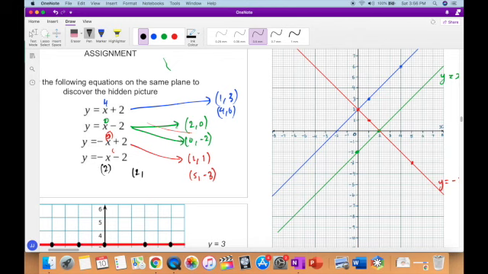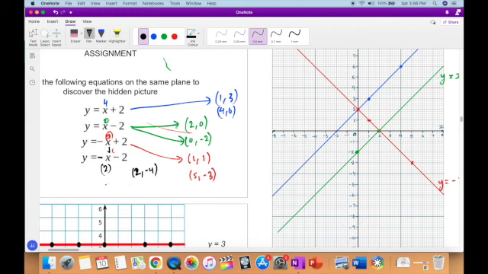I've taken x as positive 2, and I don't want anyone to confuse this. Yes, I am taking x as positive 2, but when I put it in the equation, minus x, the equation makes it negative. But the point here is positive because I took x to be positive 2. So don't get confused. So negative 2 minus 2 is negative 4.